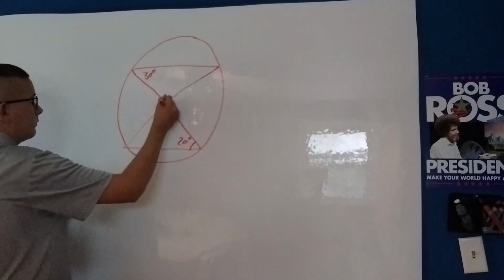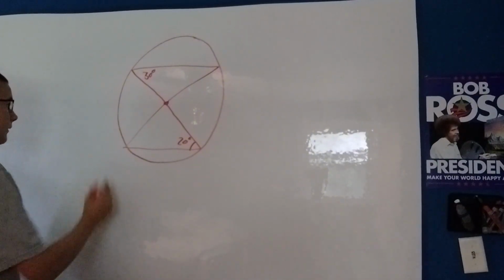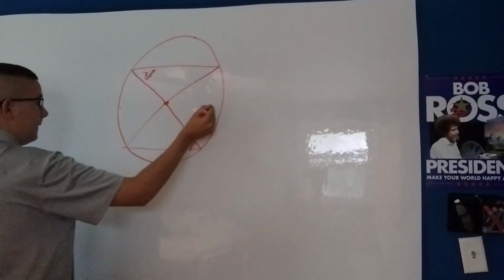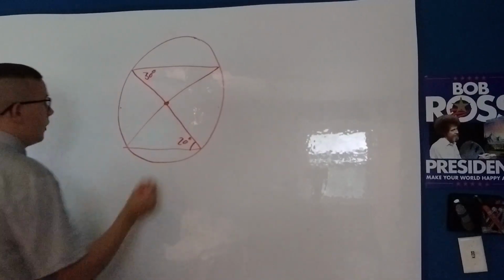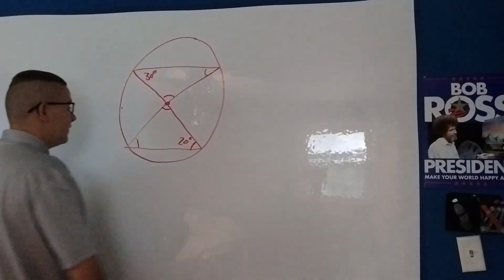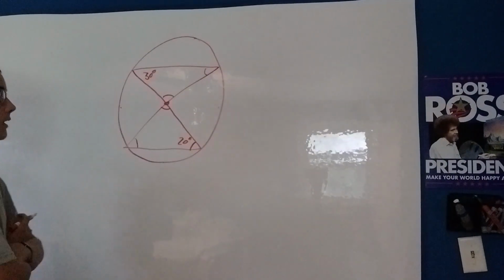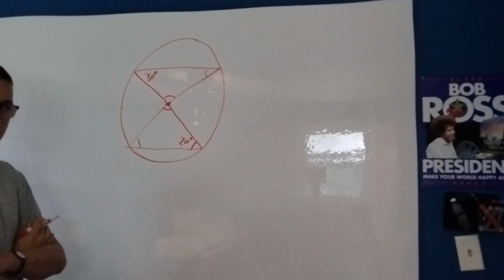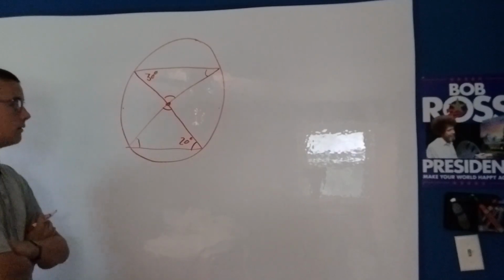This is the center, and I want you to find this arc and this arc, as well as this angle, this angle, this angle, and this angle here. So if you want to pause, write that down, try to figure it out.